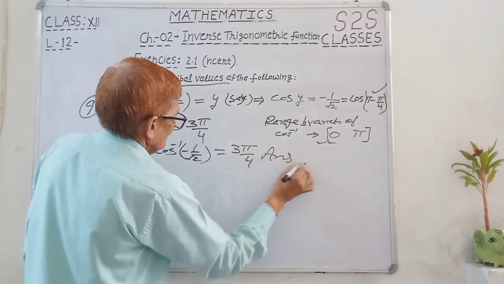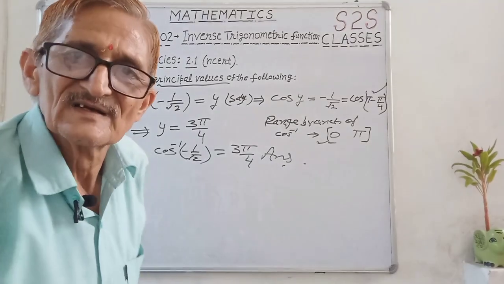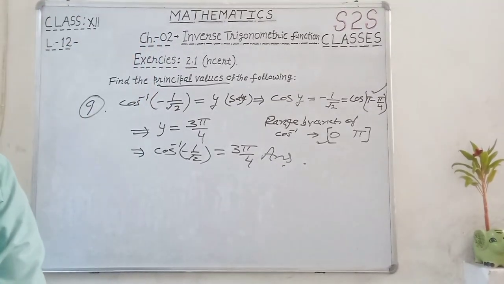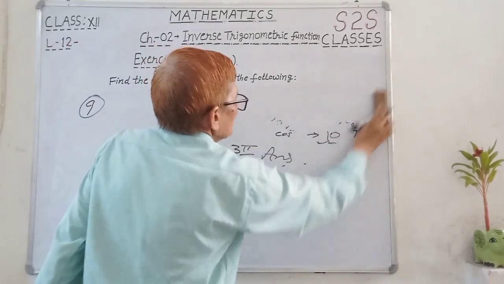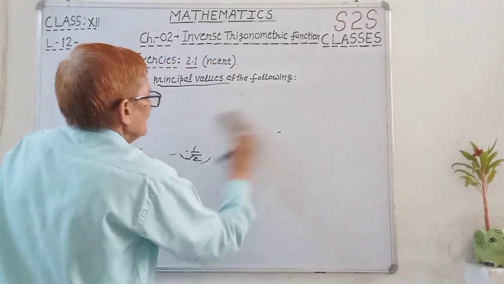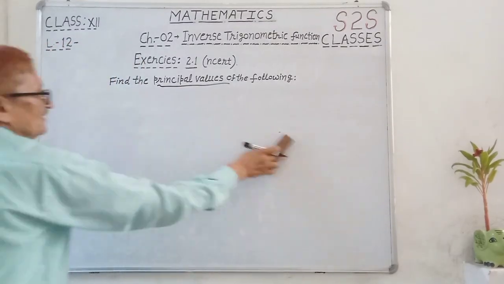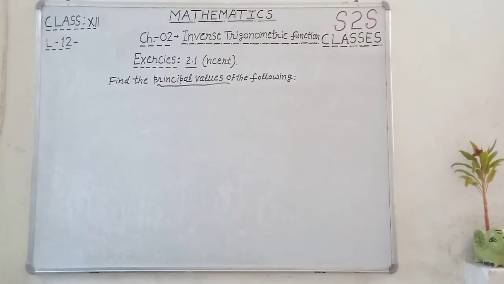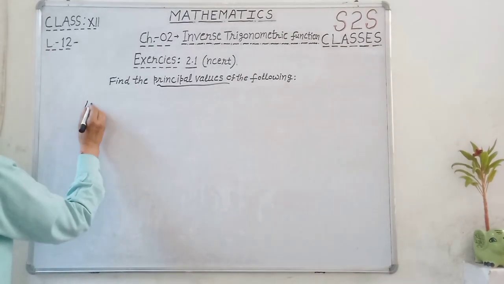Answer. Okay, done. Last question, number 10 of this exercise. We can do the last question and complete this exercise after that. Question number 10: cosec inverse of minus root 2.